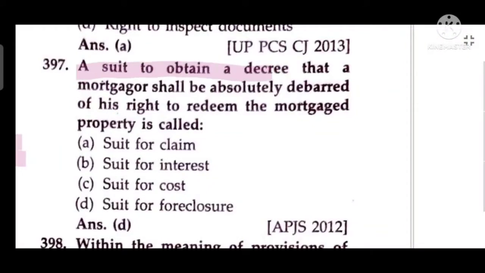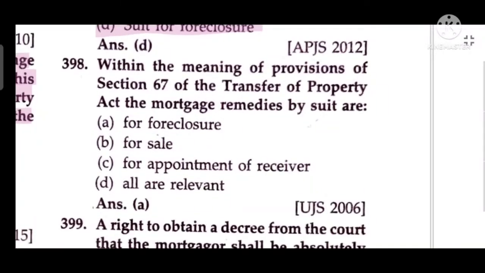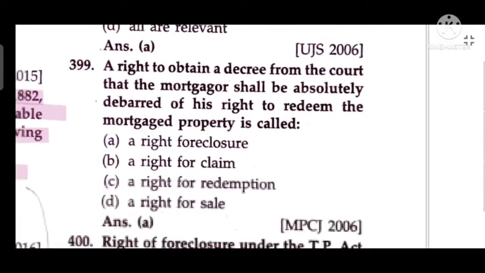A suit obtaining a decree that the mortgagor shall be absolutely debarred of his right to redeem the mortgaged property is called a suit for foreclosure. Within the meaning of the provision of Section 67 of the TP Act, the mortgagee redeems by suit for foreclosure.